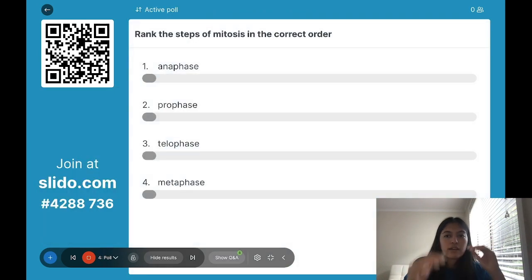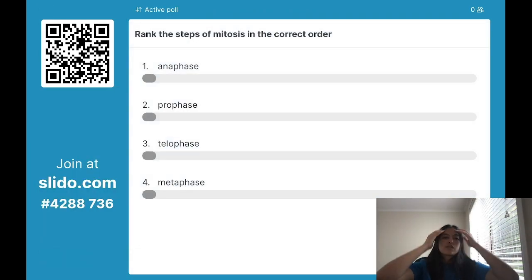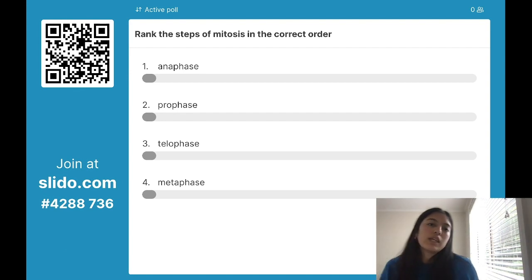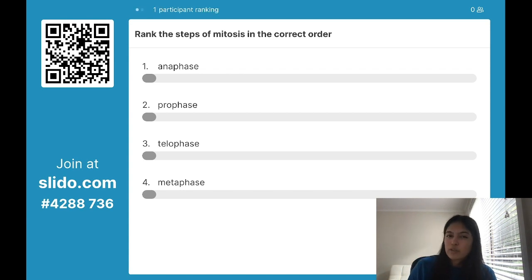So here we have a ranking poll. So move the phases around so you can rank the steps of mitosis in the correct order. But yeah, hopefully that's making sense. Any questions, pop them in the Q&A and we'll get to them.